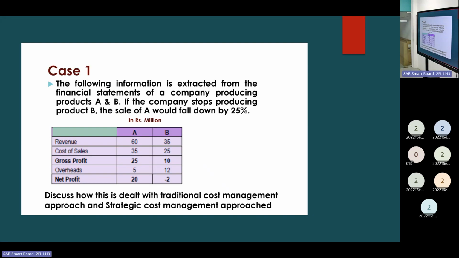Now, when you take this one, 25% decrease of sales of A, that means the gross profit proportionally reduced by 25%, of 20, 25% reduce.